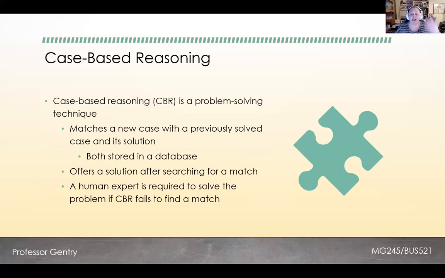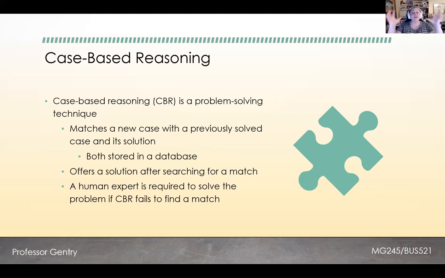Now, your expert-based system uses techniques such as the if-then-else method to solve a problem, but case-based reasoning is a problem-solving technique that's going to match a new problem with an existing problem that already has a solution. Okay, each problem solution combination is stored into that database using keywords.